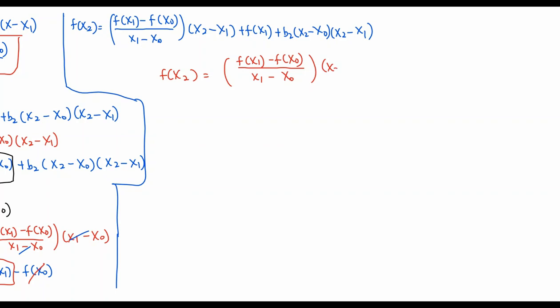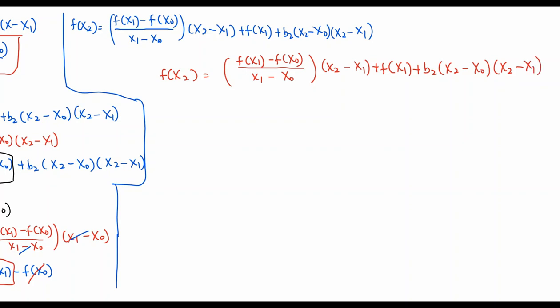Multiplying x2 minus x1, bracket close, plus f of x1 plus b2, bracket open, x2 minus x0, bracket close, multiplying x2 minus x1. This is what you have.